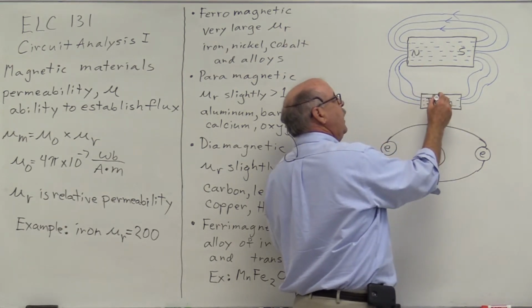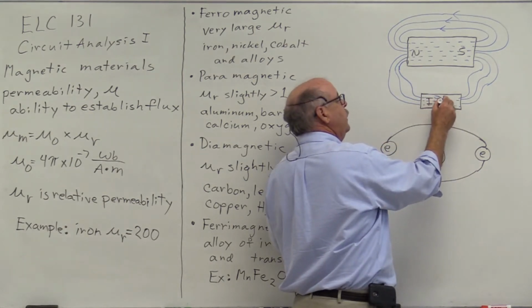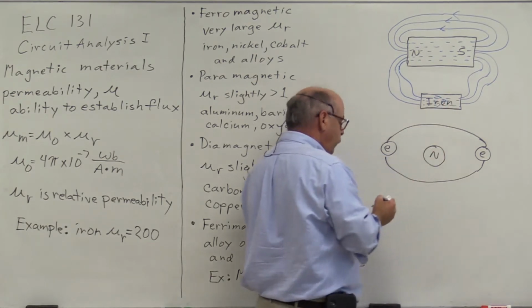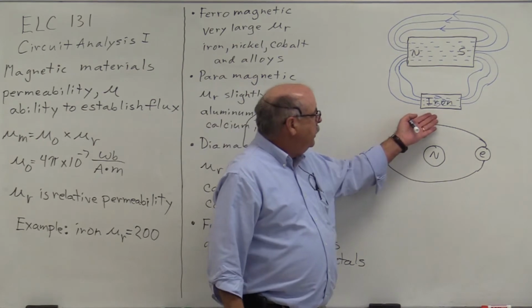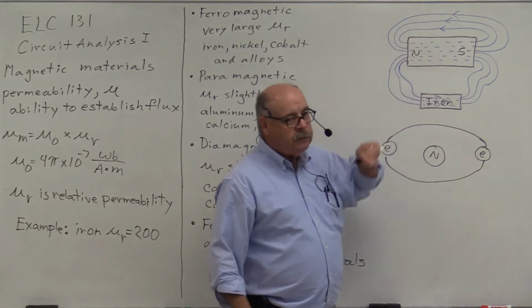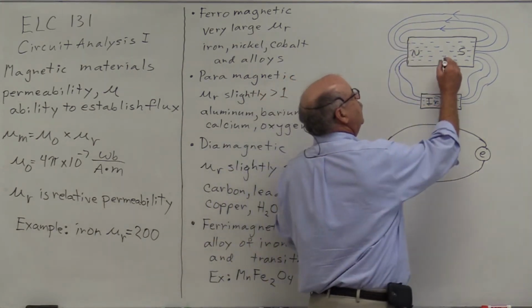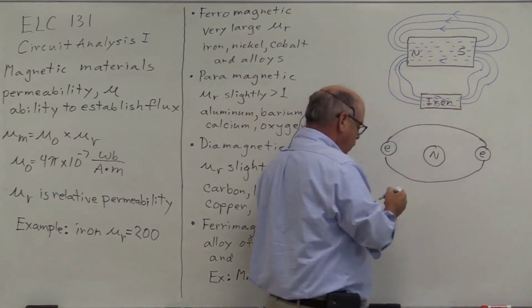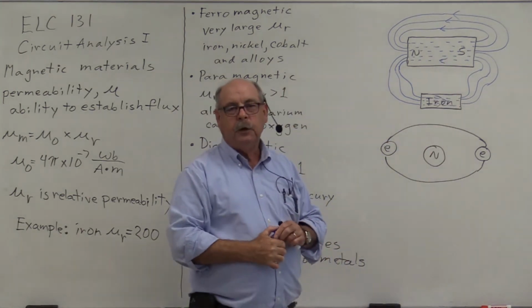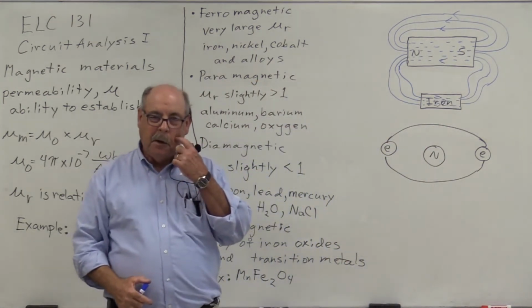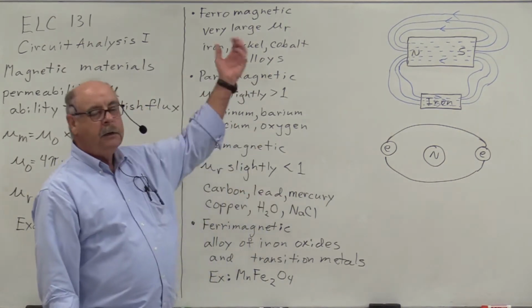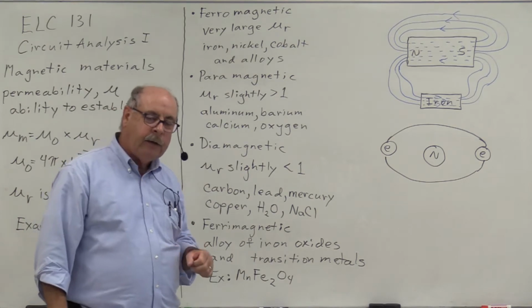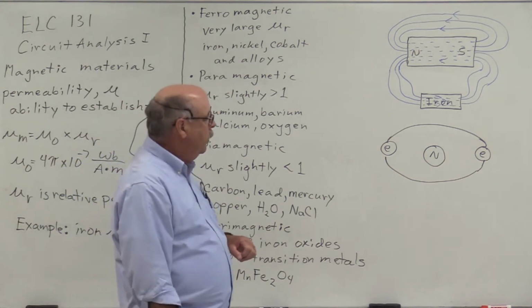So these lines of force will be going in this direction inside that piece of iron, and that piece of iron is attracted back towards the magnet. Again, magnetic force going in opposite directions attracts. So that is why that piece of iron is attracted back towards the permanent magnet.